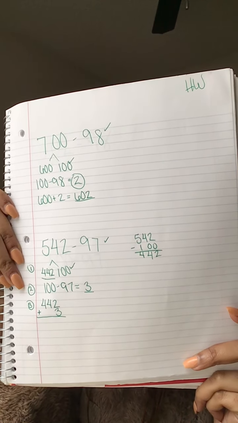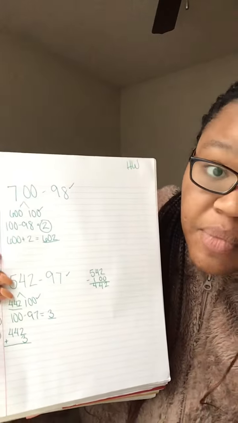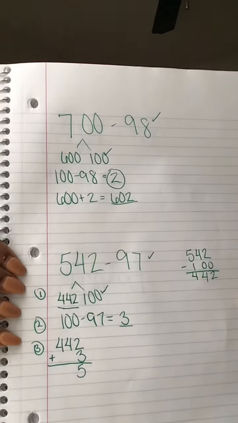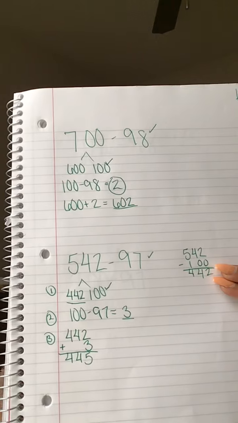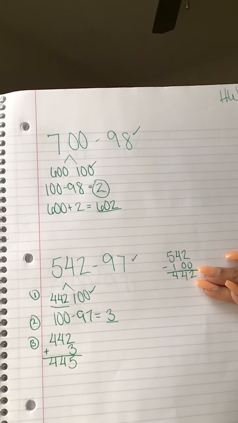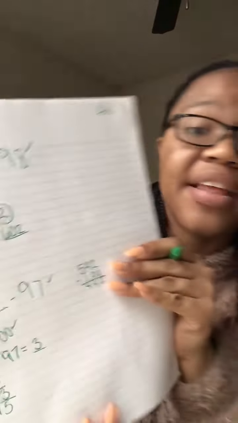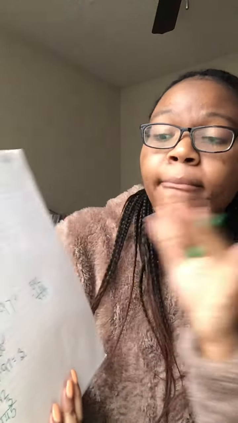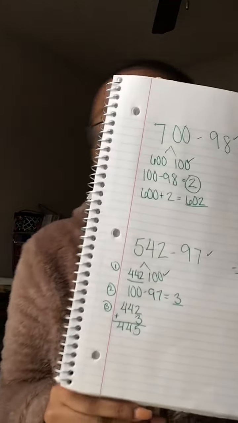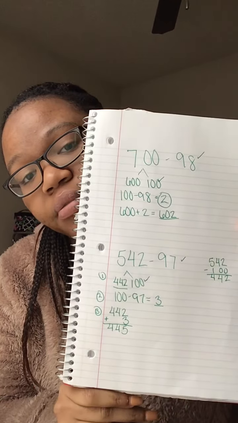Okay, so 2 plus 3 will give me 5. And guess what you do with the next ones? You just drop down those 4s, okay? That's all we're doing is dropping down those 4s. So our answer would be 445, okay? And that is it. So 542 minus 97 equals 445. That is our answer right here.